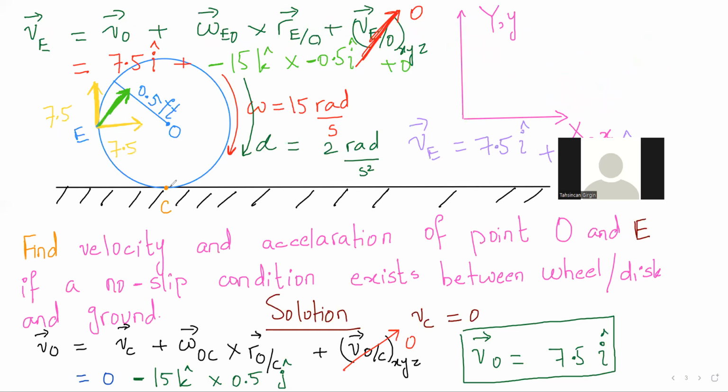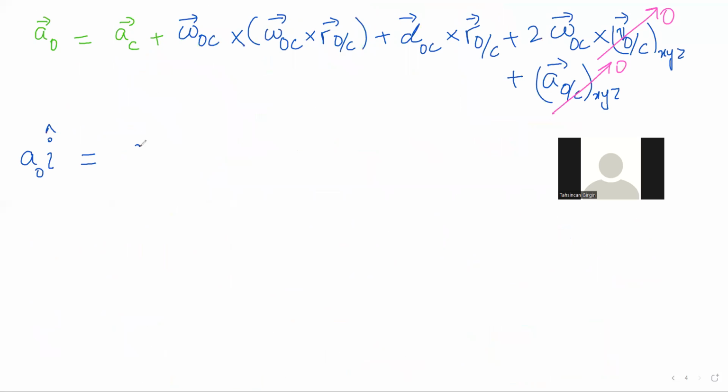This point, because of the no slip condition, will not have any tangential acceleration. So the only acceleration it is allowed to have is normal, because it is sitting on a curvilinear path. So I will write ACJ, and the rest of the problem is game over.